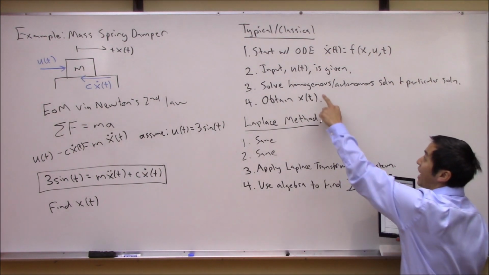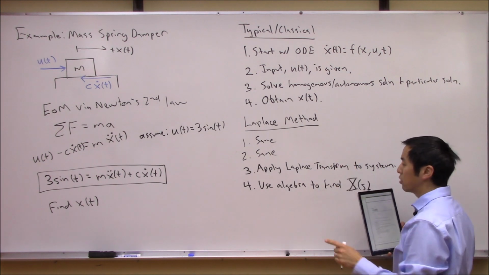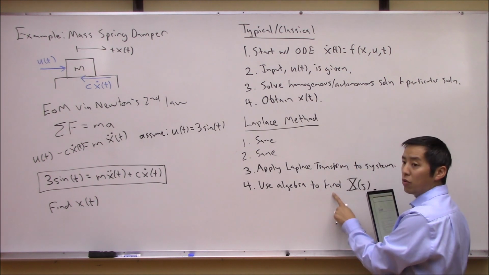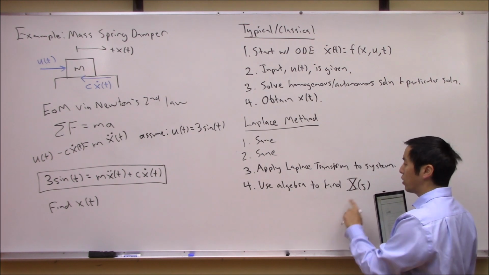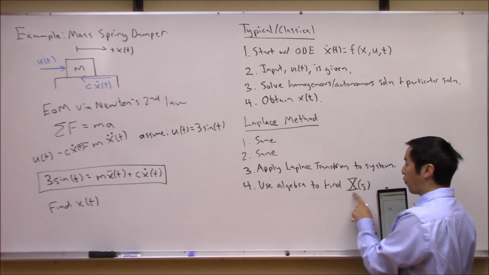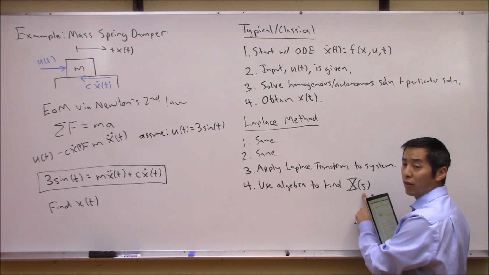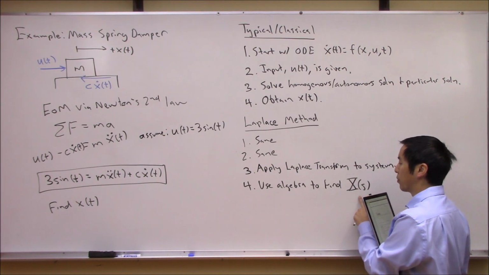Instead of having to guess at homogeneous and particular solutions, you're just going to directly use algebra. There's going to be no derivatives left in the equation. It's just going to be an algebraic equation for X of s, and you can just solve that using things you learned in high school algebra, right?